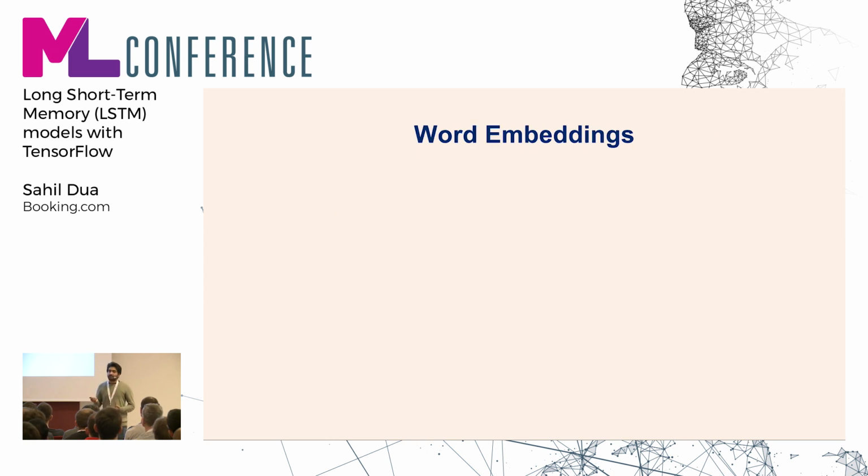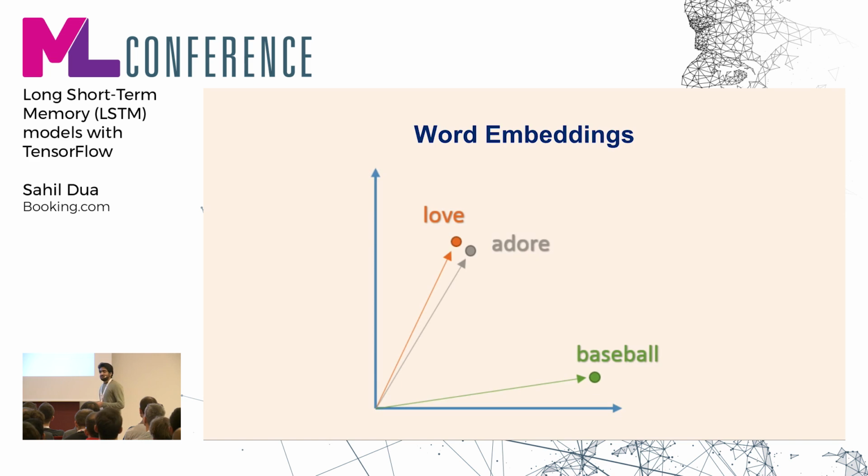And these word embeddings should abstract out the meaning, the semantics, or the context of the word. For example, we want the final vector representations for love and adore to be closer to each other as compared to love and baseball, because love and adore are more likely to occur in the same context or with the same semantics.